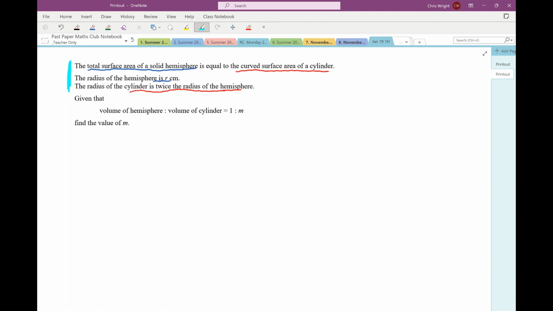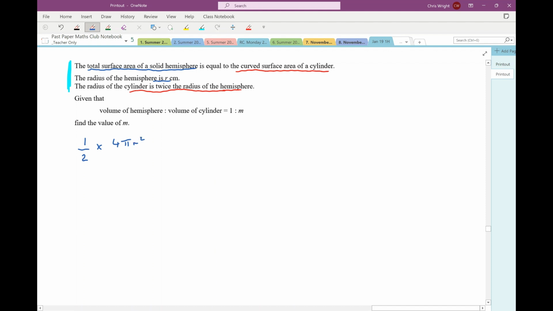So let's start off with what we're told at the top here, the total surface area of a solid hemisphere. Right, well, the surface area of a hemisphere is going to be the area of half a sphere, half the surface area of a sphere. There's the formula for the surface area of a sphere.